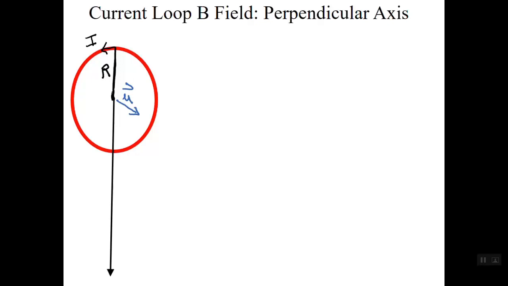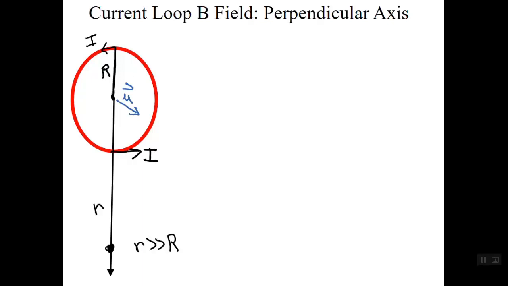For this particular example, the conventional current, capital I, is still running counterclockwise in this loop. We're going to look at observation locations on this perpendicular axis that are far from the loop, that is, at distances small r that are much larger than capital R, the radius of the loop.